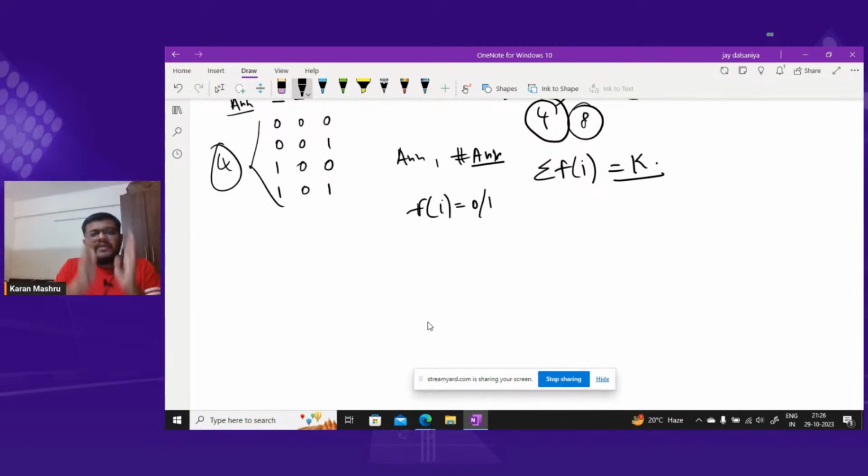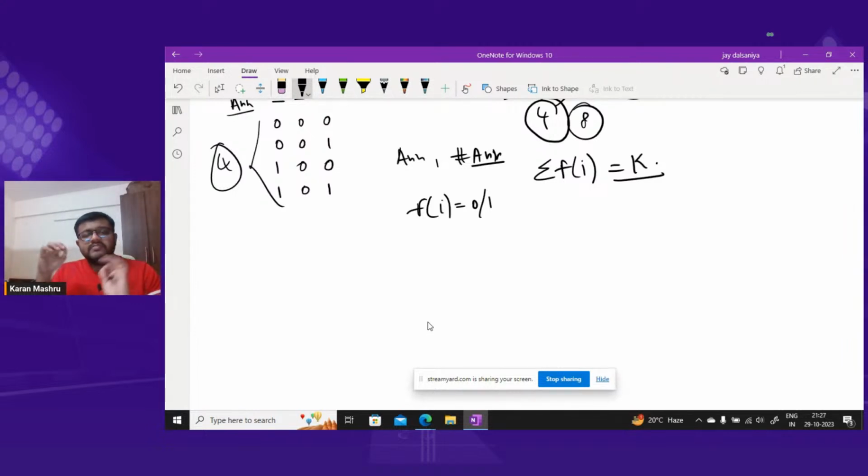So if from index I to n minus 1 the number of ones is odd, my f of I will be 1. If the number of ones from the ith index to the n minus 1th index is even, my f of I will be 0. So either f of I will be 0 or f of I will be 1, right?